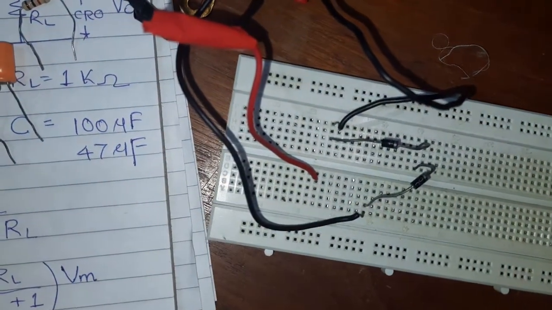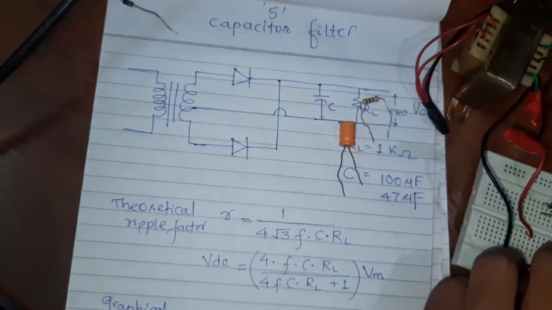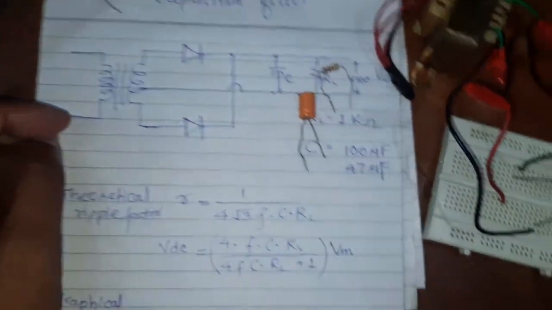So it's the same as what is there in the diagram. So this is one, and this is one, and both are shorted here. See, both are shorted over here.